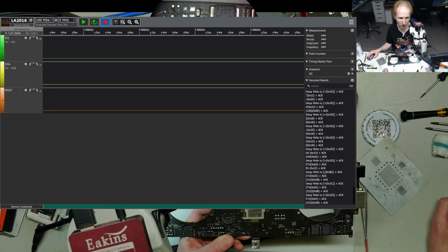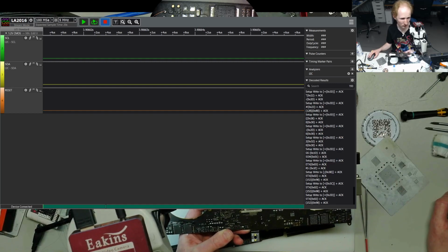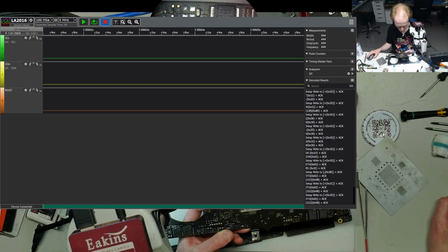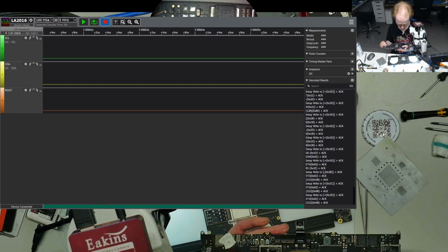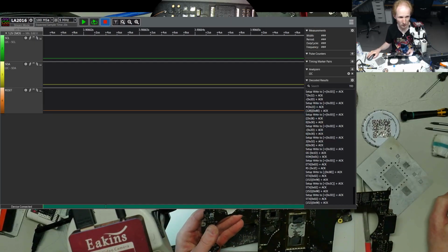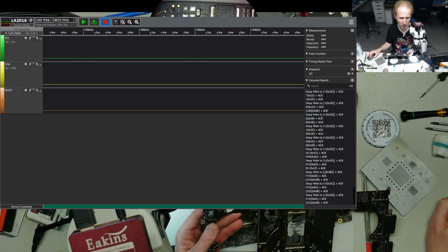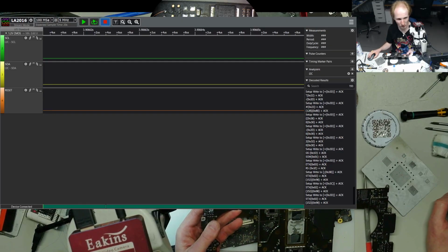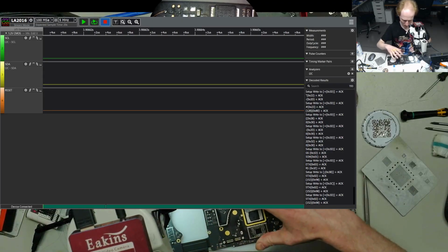Maybe near nuns. Here. 10 volts. Okay. Probably here. Okay, yeah, this will do it.